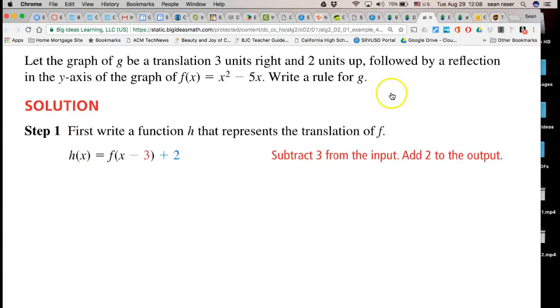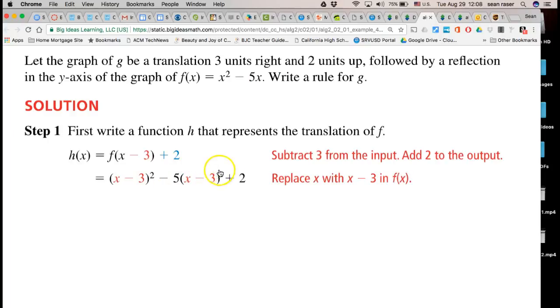Before we apply the reflection, let's make these changes. For f of x minus 3, we have to take our original function and replace x with x minus 3. Everywhere there's an x, replace it with x minus 3.